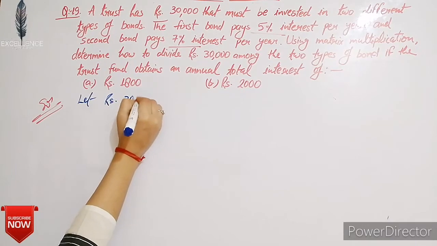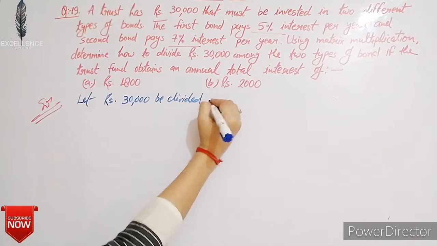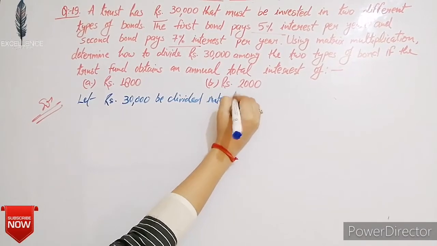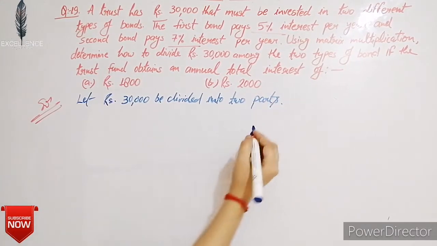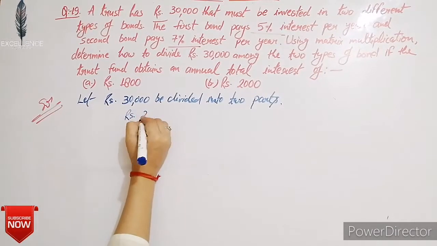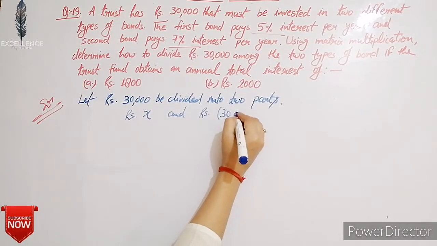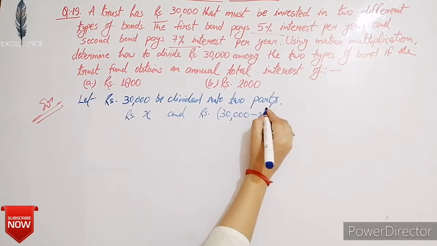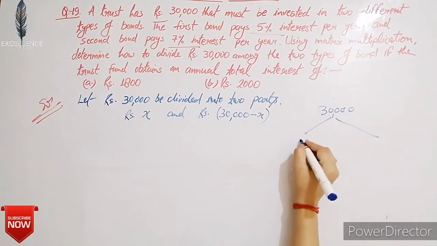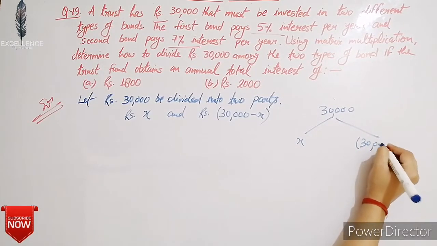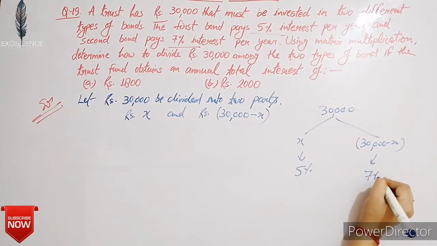We have a total amount of 30,000 rupees. Okay, let it be divided into two parts, that is the first part is rupees X and the second is rupees 30,000 minus X. Simple, we have a total amount of 30,000, two parts X and 30,000 minus X, and different rates are 5% and 7%.